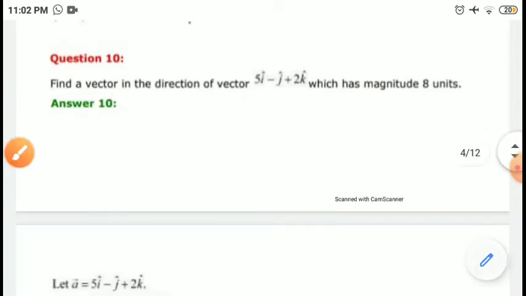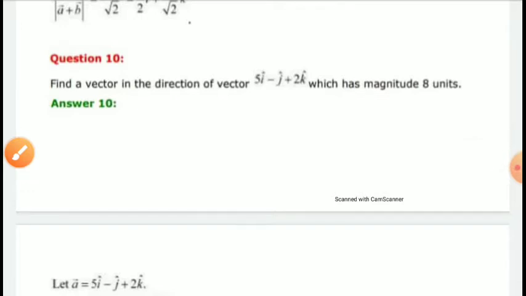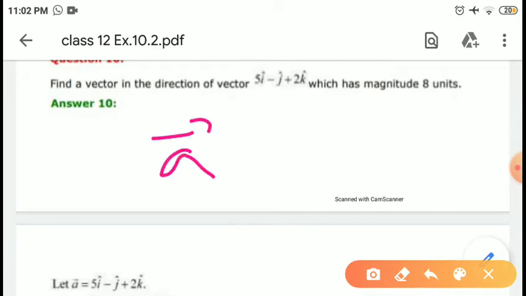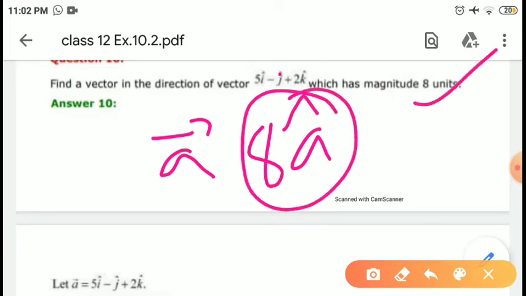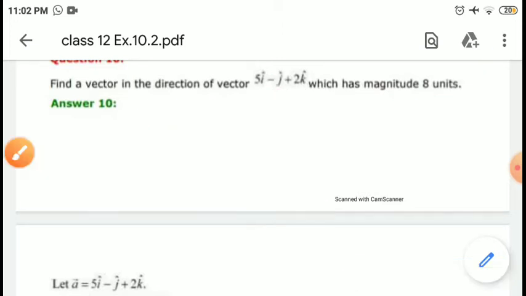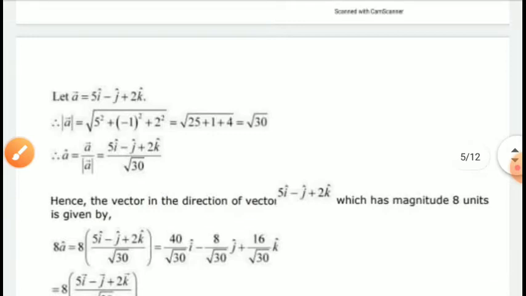The magnitude is already mentioned here. So, finding the unit vector in this direction, let us consider that vector as a and find the unit vector of it. Suppose you take a as this vector, you need to find a cap, and 8 a cap will give you the required result. That's all. Very simple. It's not difficult but an interesting question.